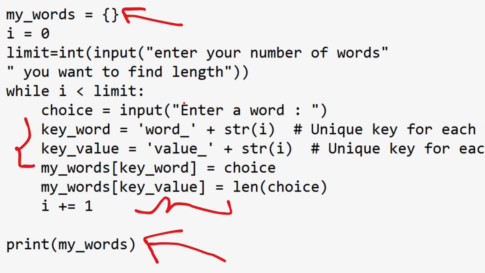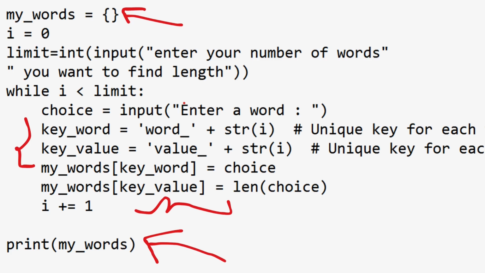My_words of keyword, the value right now is word_1, and the choice variable is goat. So word_1 will have goat, and key_value right now is value_1. The length of goat is 4, so that will be entered.